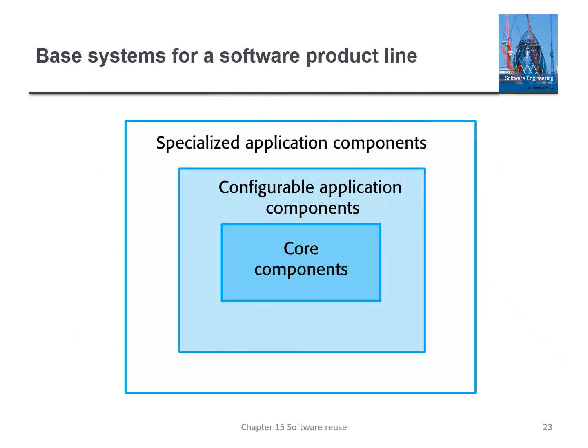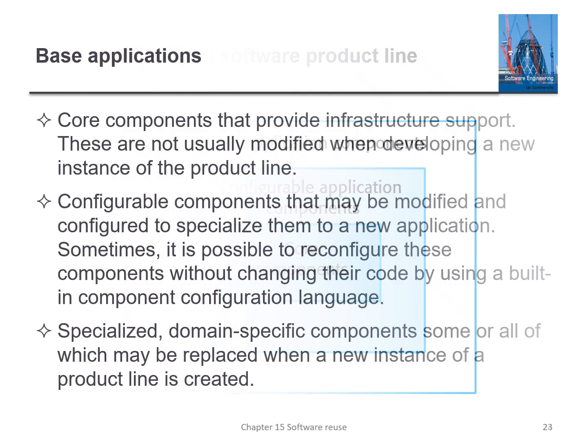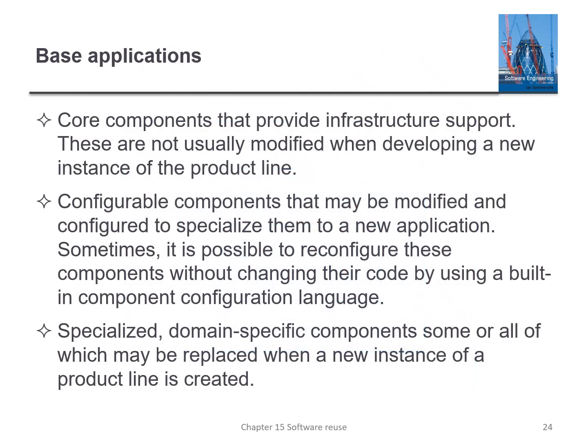So basically for a software product line, you have the core function, core component, and then you have components that you can configure, and then components which are specialized for a specific product. Okay, looking at the base component here, the inner part of the diagram that you have looked at just now, it provides you with infrastructure support.